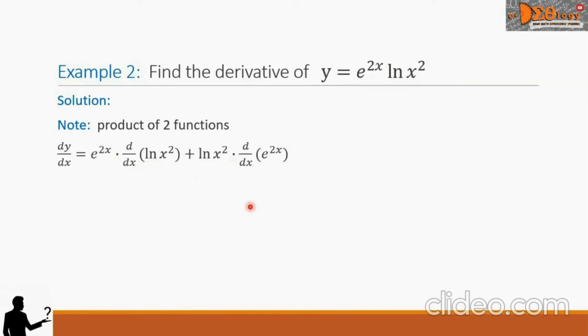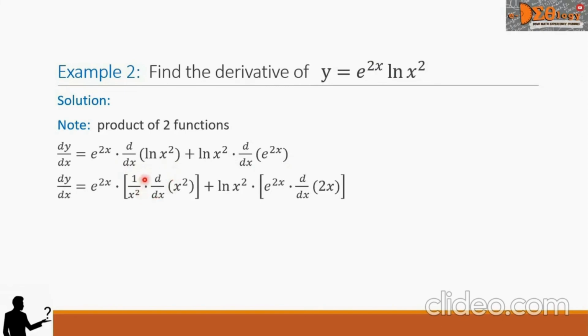On the next line, we're going to copy everything, and this time we will simplify the respective derivatives. So the derivative of ln x squared is 1 over x squared times the derivative of x squared.